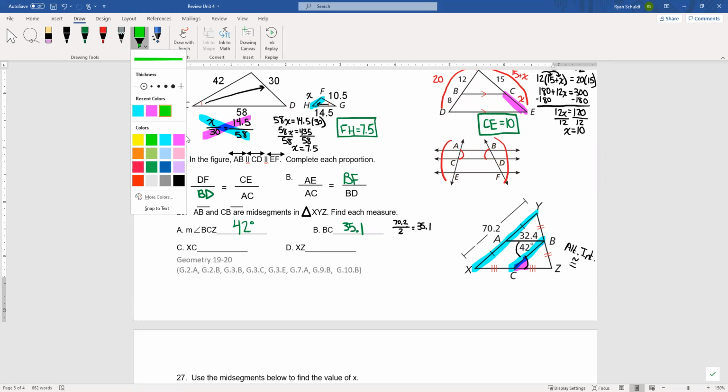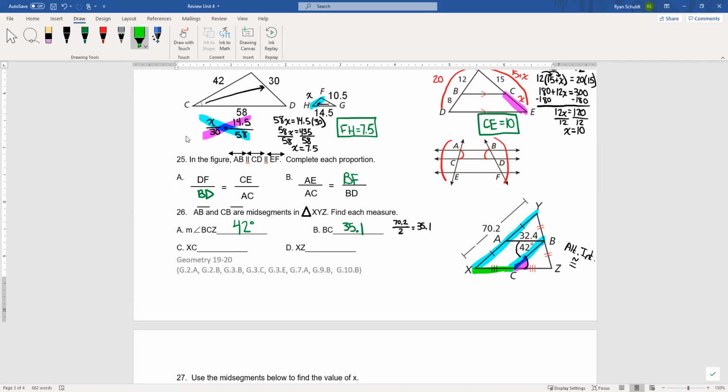Now they ask about XC. So down below, XC. XC is half of the side that's parallel to our mid-segment. That means it has to be the same as our mid-segment. That's going to be 32.4, just like CZ has to be 32.4.